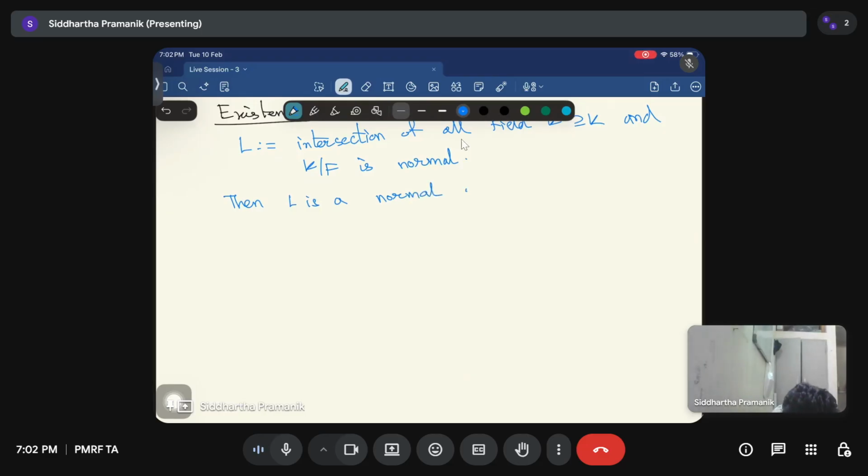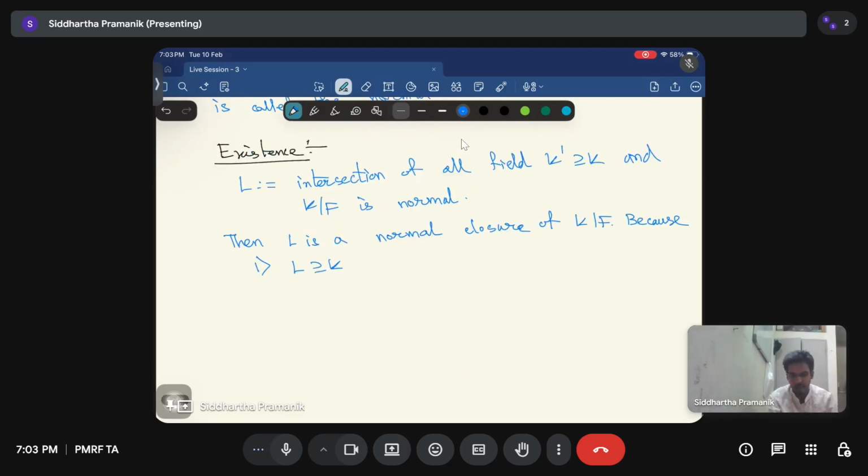L is a normal closure of the extension K over F. And why is it a normal closure? So first of all, L clearly contains K because it is the intersection of all fields which contain K. So in particular it has to contain K.